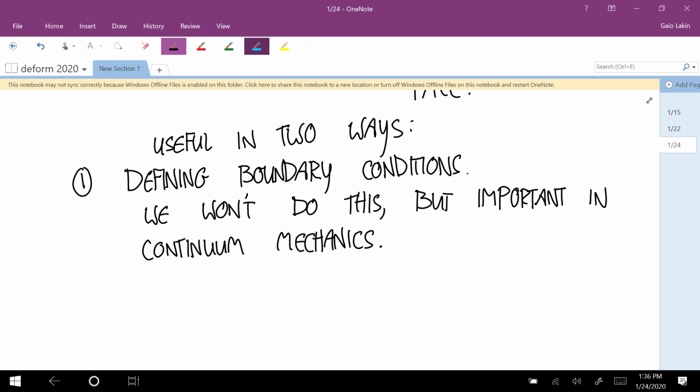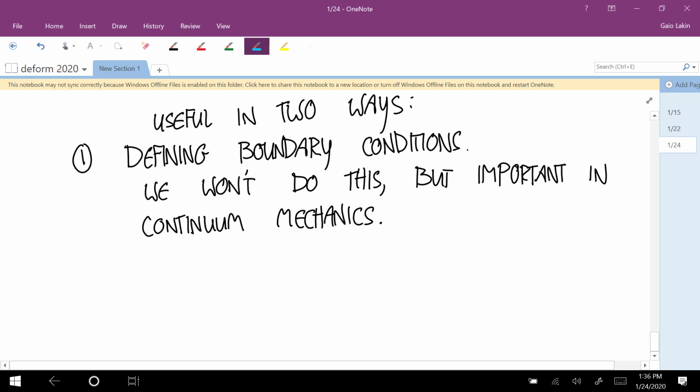You can use that relationship to put limits on what are possible stresses at the boundary. Okay, you really don't have to know any more than that. You probably don't even have to know that much for now. But the second thing is important to us.